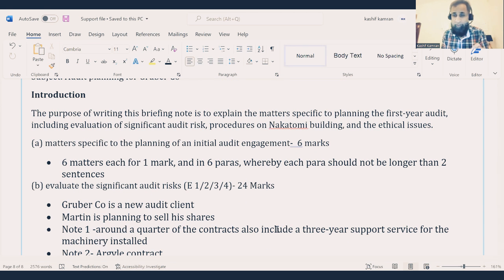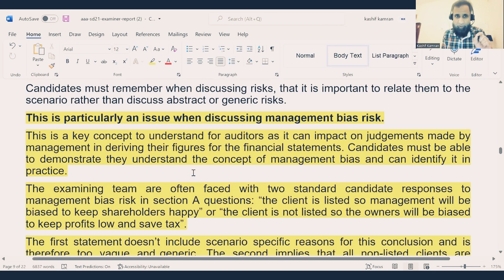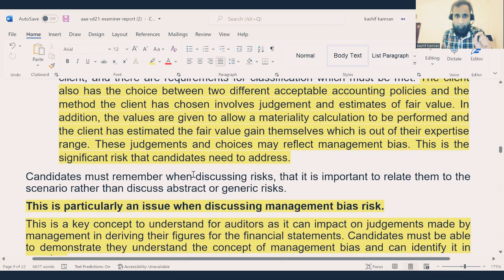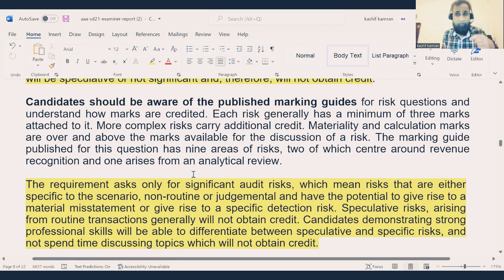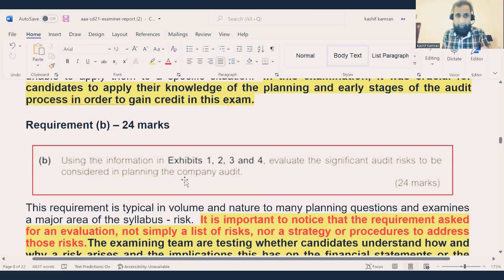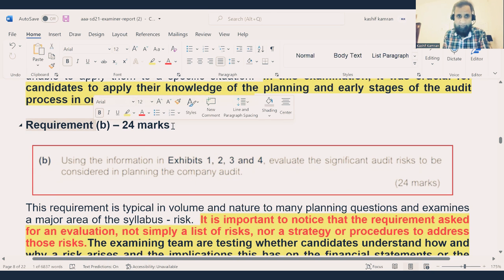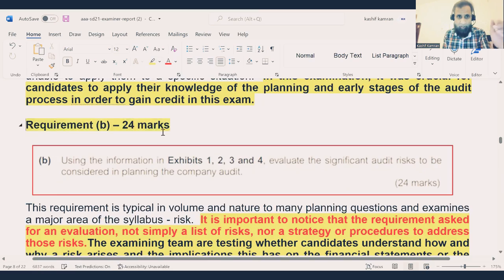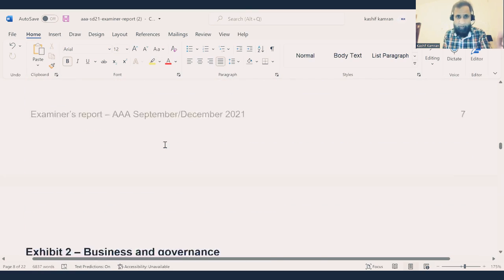Please ensure you read the examiner report. I will be sharing this with you. Please go over the question number 1 examiner report, because question 1 has been discussed in the session. So when you read this report, it will make sense to you. It starts from requirement B for 24 marks, and it goes down. You read the criticism, see how long that is.